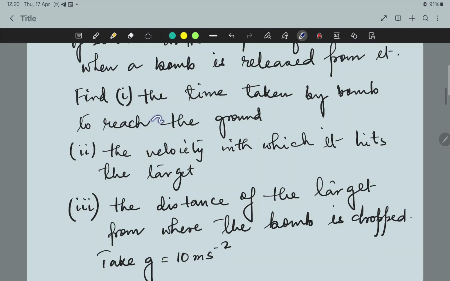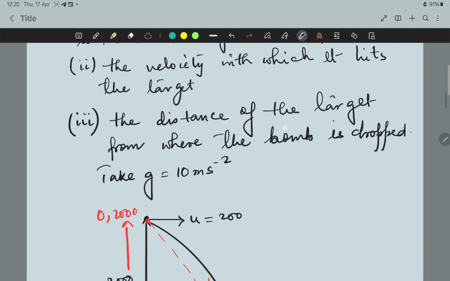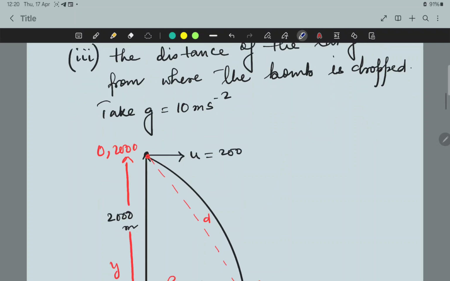So the first part is asking about the time taken by the bomb to reach the ground. So we have already covered how to calculate the time. For time, you can directly use the formula, or you can write the whole equation and then put the values to get the time. So now as we know the formula for time, let's write it.